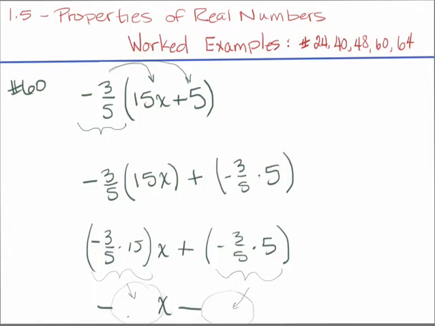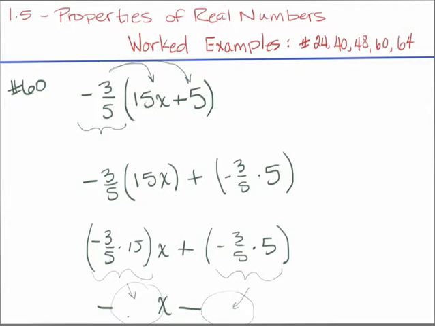In an earlier video, I talked about thinking of 3/5 times 15 as 3/5 of 15. When I do mental math like this, what I do is I think about what is 1/5 of 15. 1/5 of 15 is 3.